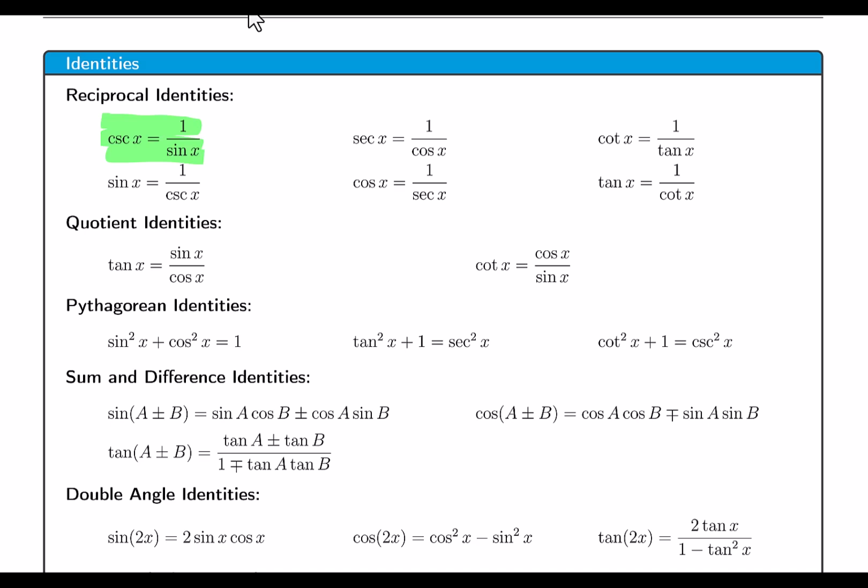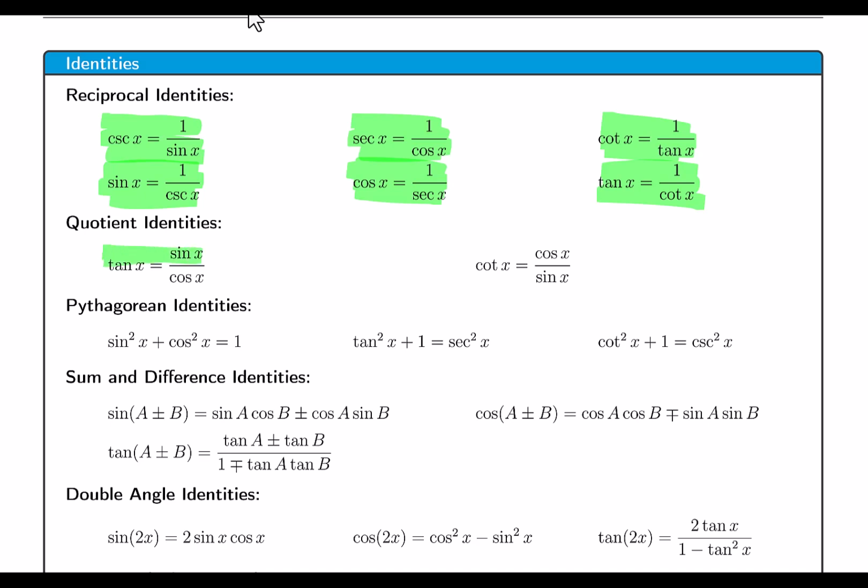Okay, you need to know that cosecant and sine are reciprocals of one another. This one and this one are basically the exact same formula. It's just telling me that sine and cosecant are reciprocals. The next one tells me that secant and cosine are reciprocals. And the last one tells me that cotangent and tangent are reciprocals. You just need to know that, okay?